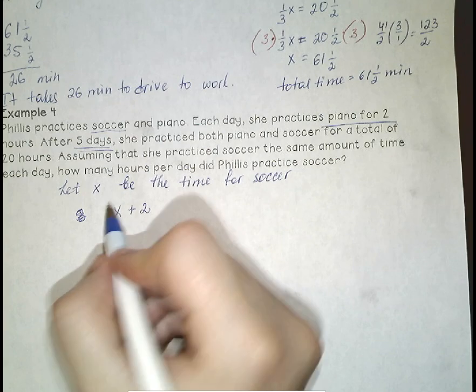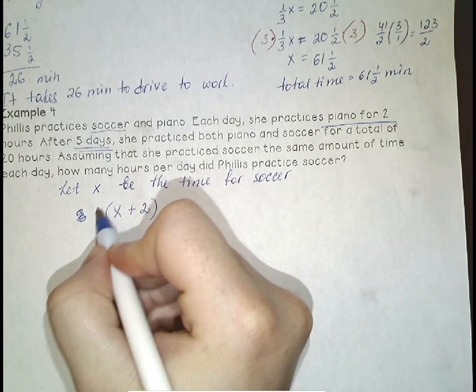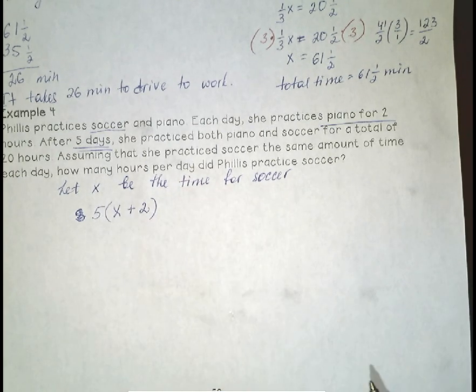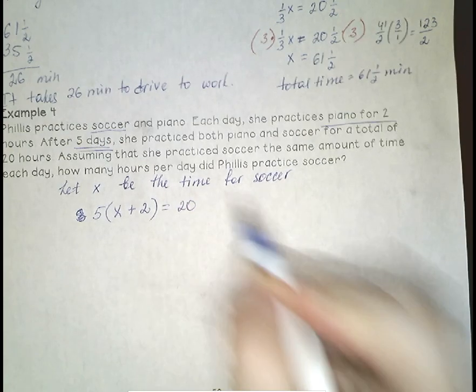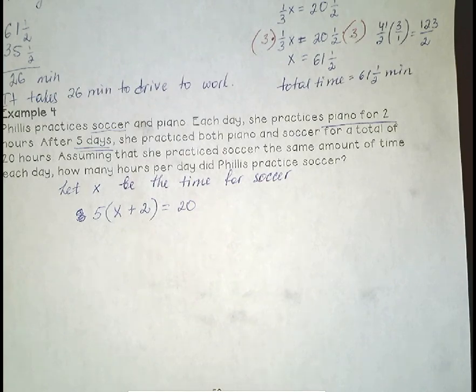We know that she spends 5 days doing it. Okay, so we'll multiply that by 5, and the total that we get is 20 hours. So that's our equation. Now we can solve it a couple ways. We can get rid of 5 first by multiplying by the reciprocal of 5, or we can use distributive property to multiply 5 by x and 5 by 2.